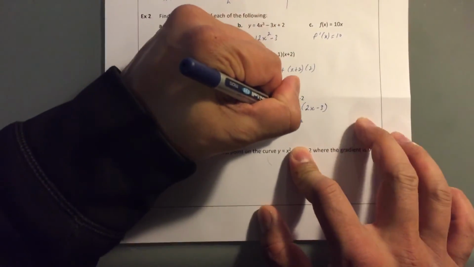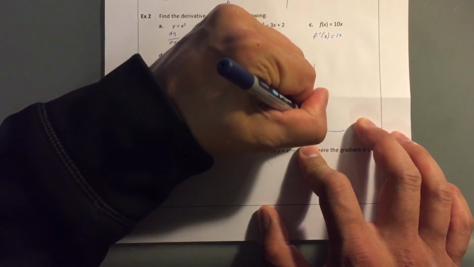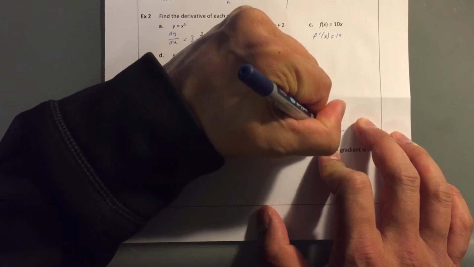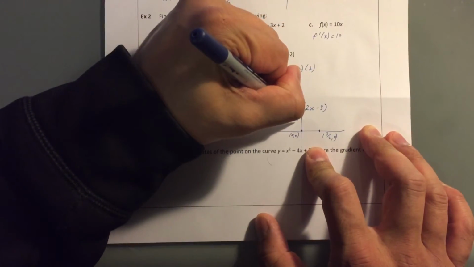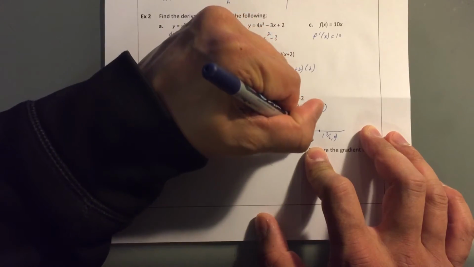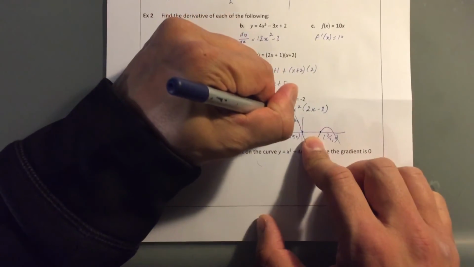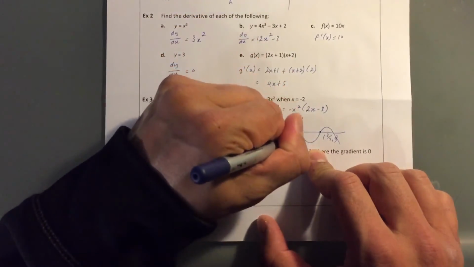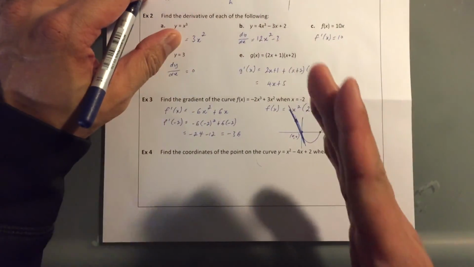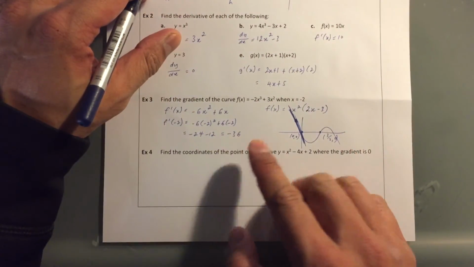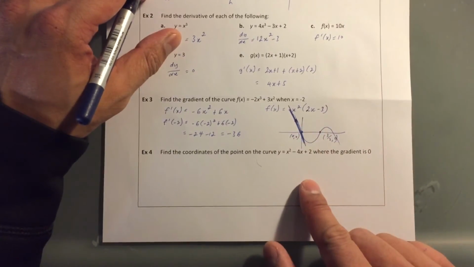If I sketch this, my intercepts are the origin, 0, 0, and 1.5. Now this is an inverted cubic, so it would look something like this. And what it's saying is that when x equals negative 2, over here, what's the gradient of this tangent? It's going to be really negative. In fact, it's going to be negative 36. It's going to be much more negative than I'm even showing there. That's just a quick idea to see what this question is really saying.